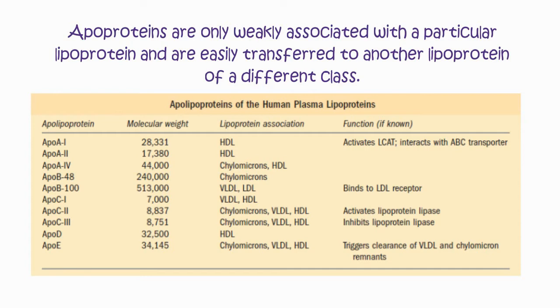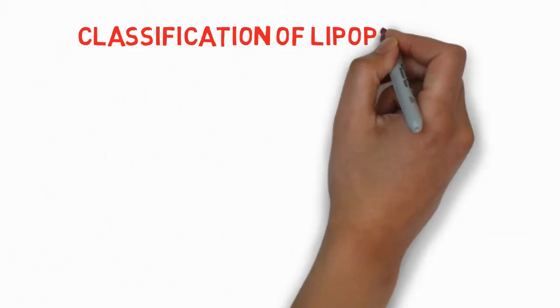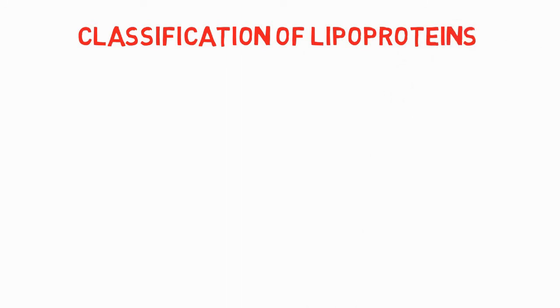Apolipoprotein A, A1, A4, B48, ApoB100, ApoC1, C2, C3, ApoD, and ApoE, having different molecular weights. The highest molecular weight is ApoB100, followed by ApoB48, and their presence in different lipoproteins.